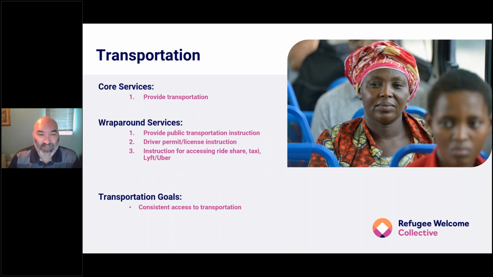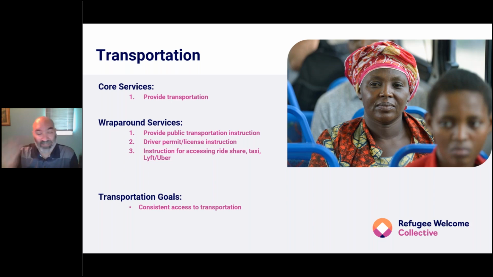When it comes to transportation, a really important part of feeling welcome and feeling in control of your own life is that you can go where you want to go when you want to go. So core services might be things like providing transportation.